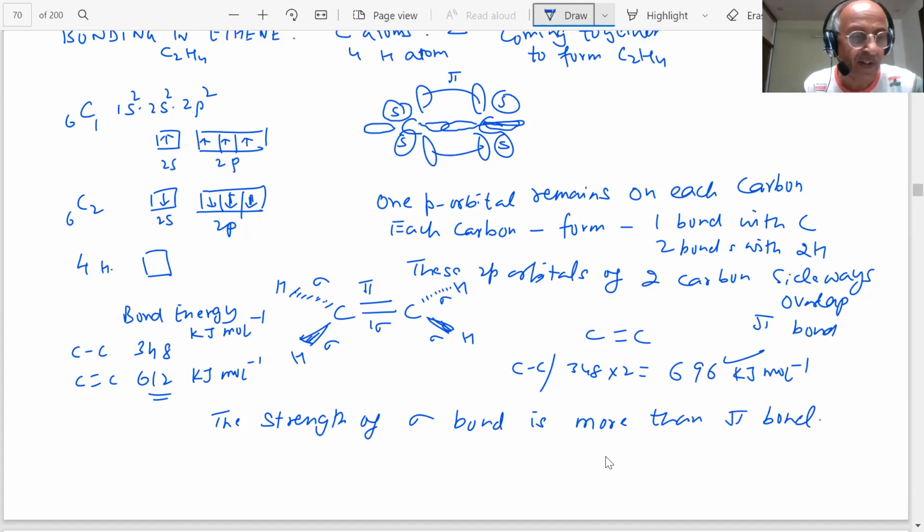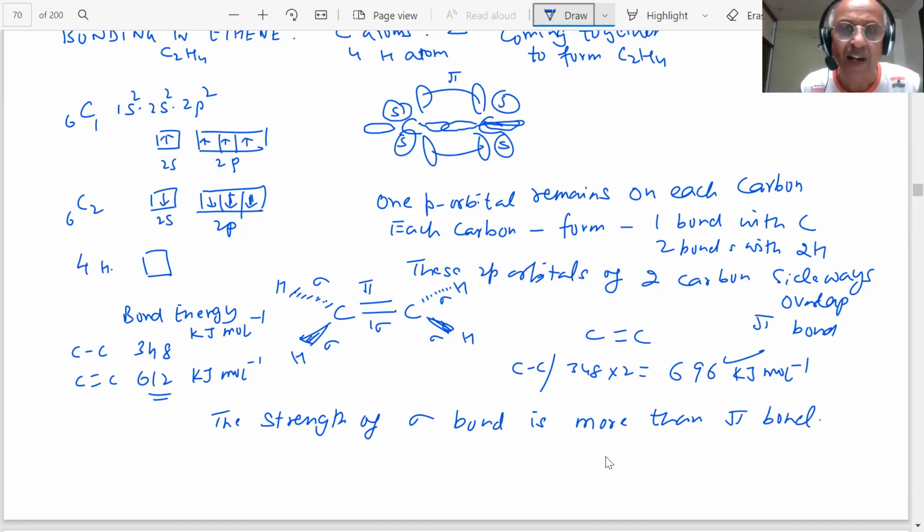So students, here we have tried to show you that the overlap of atomic orbitals takes place and opposite spin electrons get paired up. The bond formation takes place. There can be two types of bond, students, one sigma, the other pi. In the sigma, there is a head-on overlap along the axis.